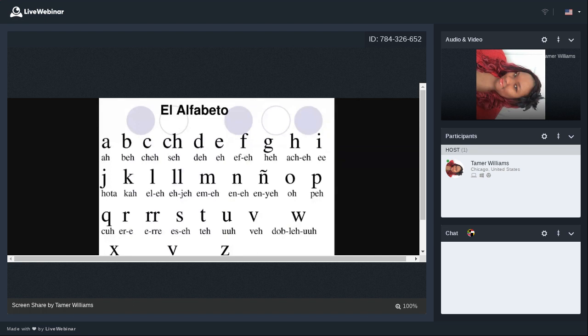So, there's that. Also, as you see, there are additional letters here in the Spanish alphabet because things are different. For example, the double L, it has a little pull to it.